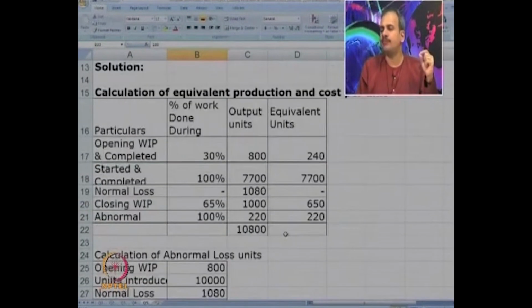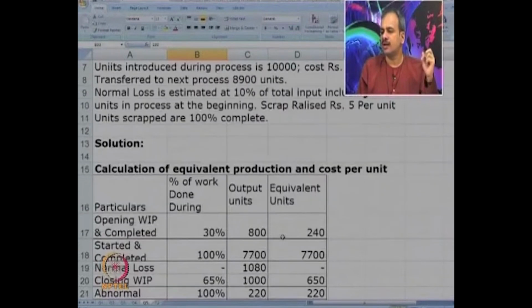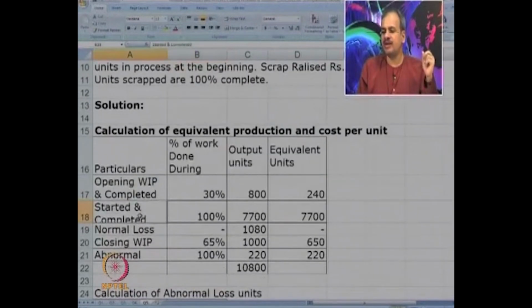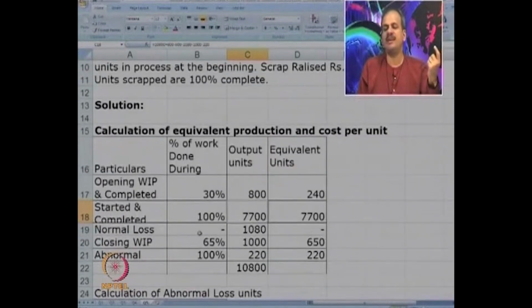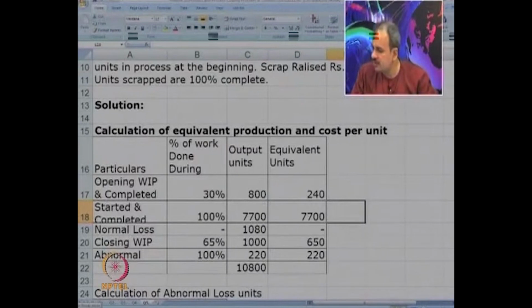Now let us go up. Here there is one mistake also with the units started and completed. You know that the total output is 8900. Of that, 800 is from opening WIP. So remaining 8100 must be from the current output. So I will just show the calculation for more clarity.